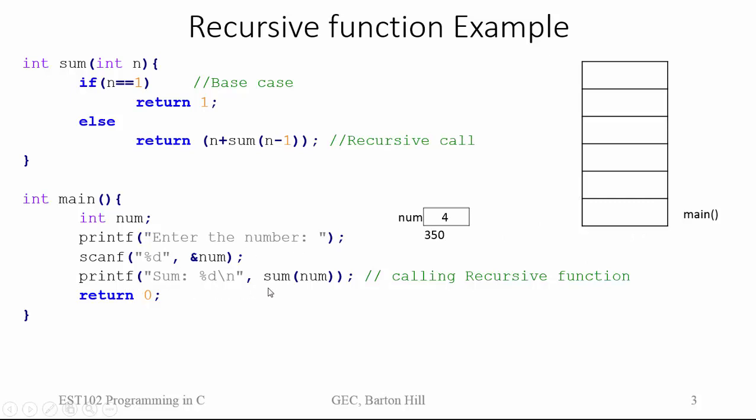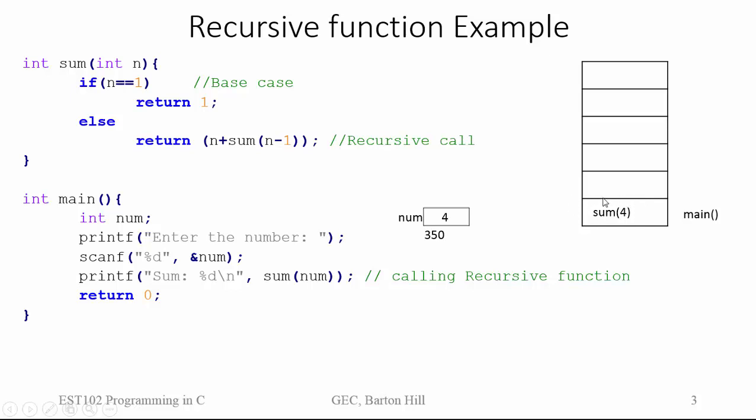Then this statement is executed and sum of num is called. So this is the calling function and this is the called function. Main is the calling function and sum is the called function. So here we are calling this sum function, and I will say why I have written it here.